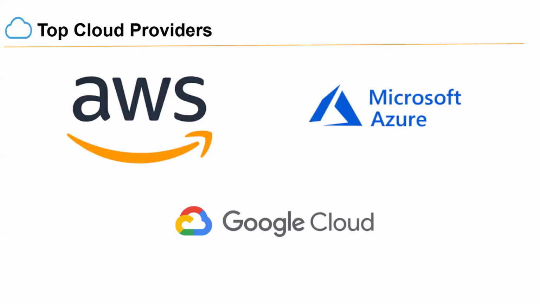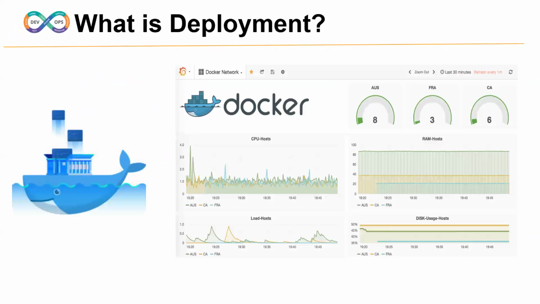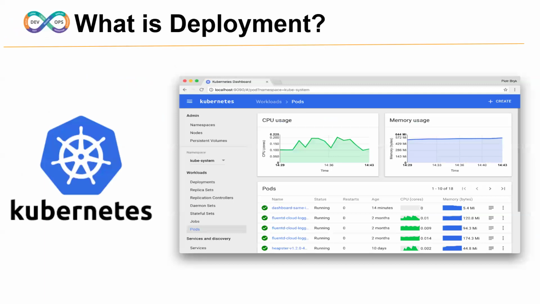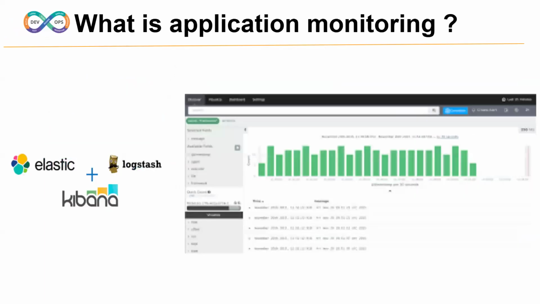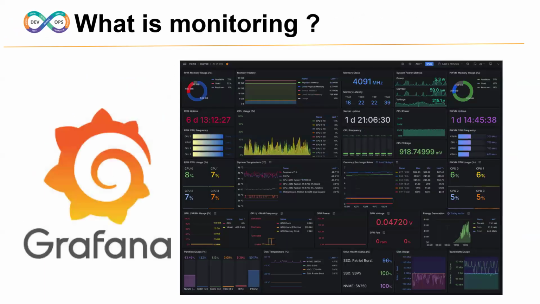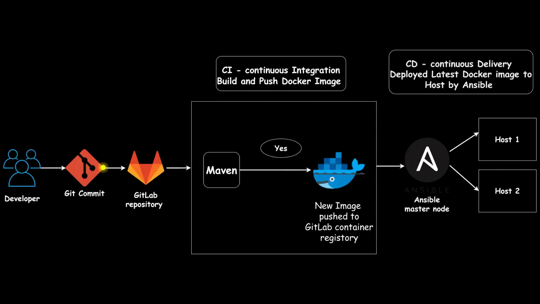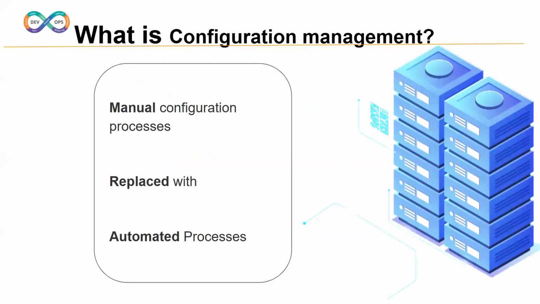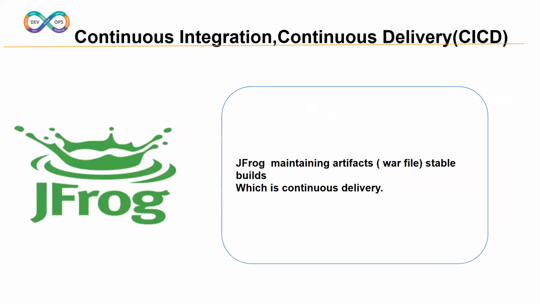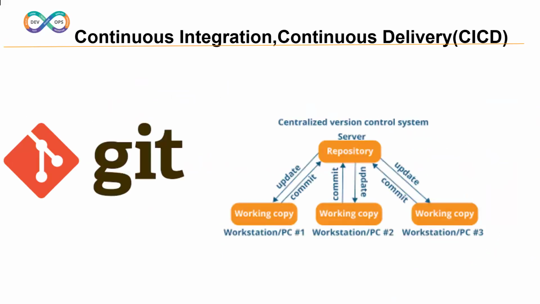These are all the clouds we are going to learn at the infrastructure level, and we are going to learn Docker and Kubernetes, Elastic Logstash Kibana, Grafana, Terraform. These are all the tools we are going to use for implementing an automated DevOps transparent pipeline.